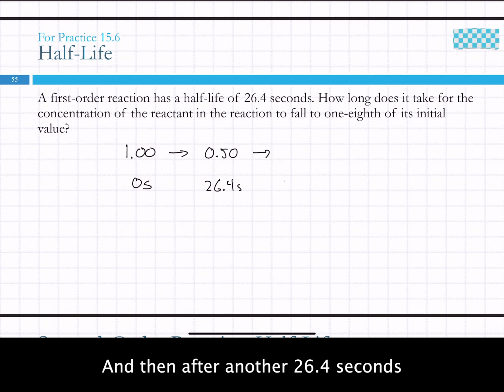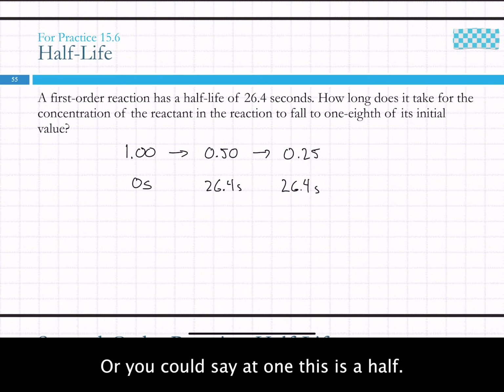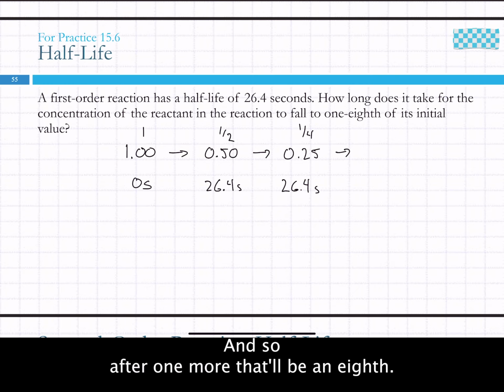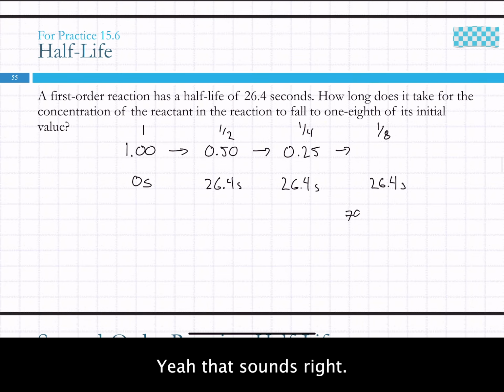And then after another 26.4 seconds, 0.25, or you could say, this is a half, this is a fourth. And so after one more, that'll be 1/8. So another 26.4, so we end up getting 26.4 times 3. Yeah, that sounds right. The answer there.